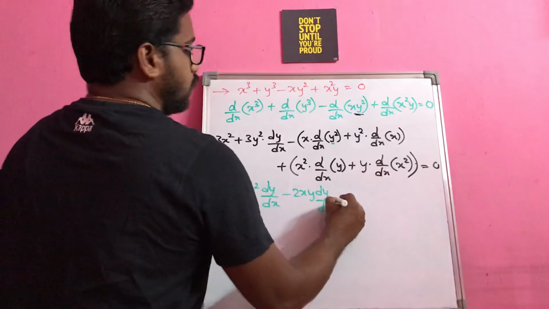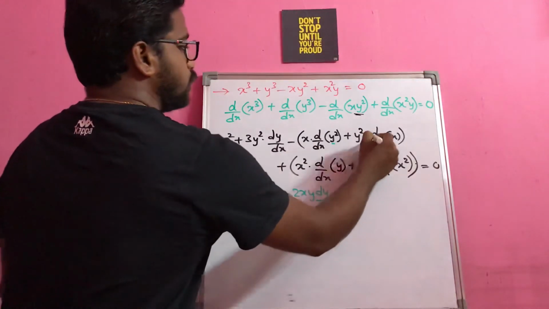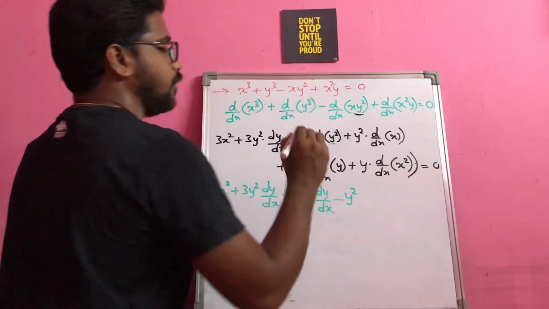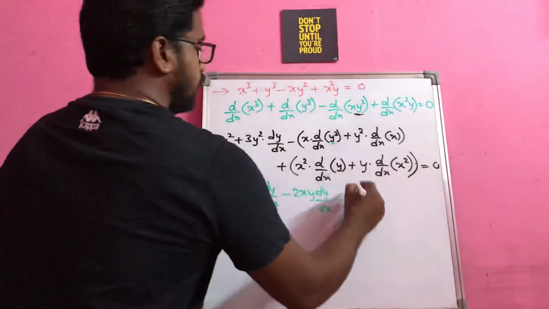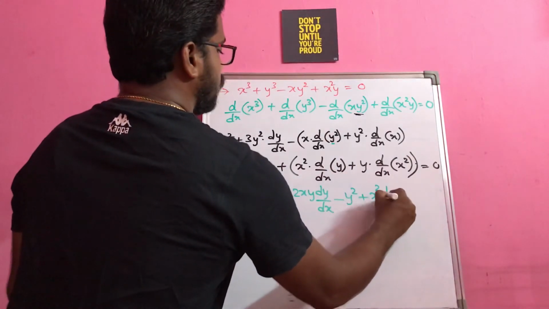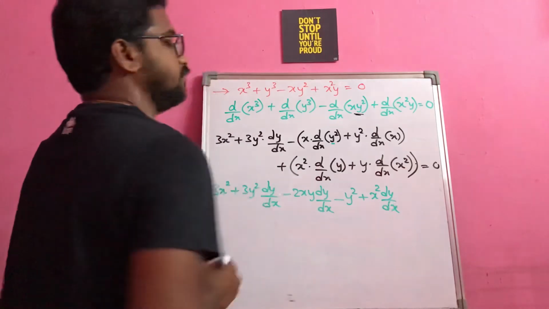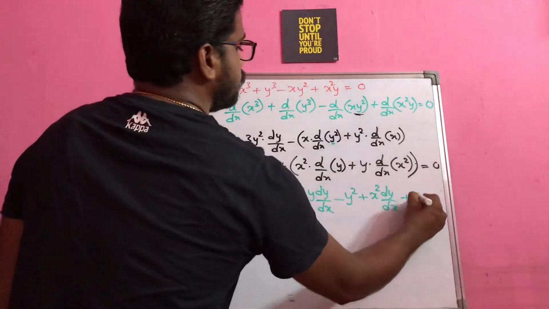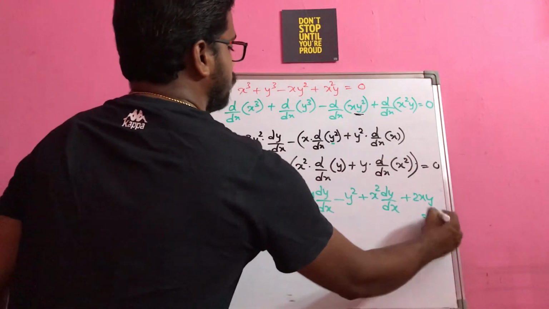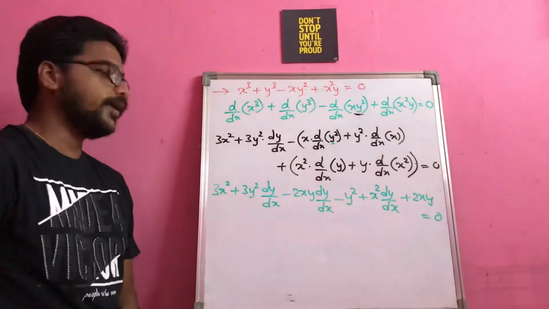Come to this one, minus into plus is minus, y square into d by dx of x will become 1, and then this is plus x square dy by dx, and this part will become 2xy is equal to 0, right?